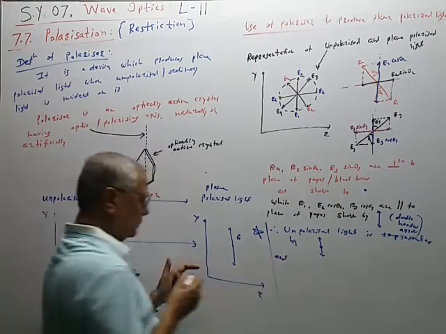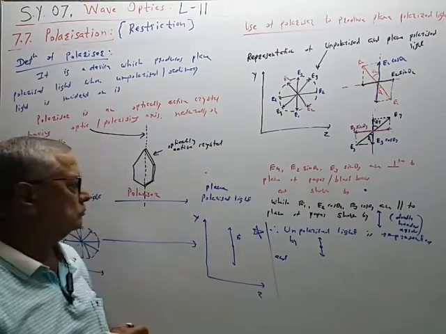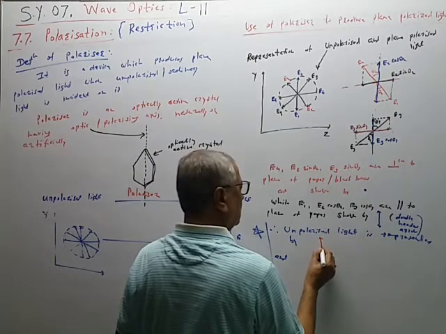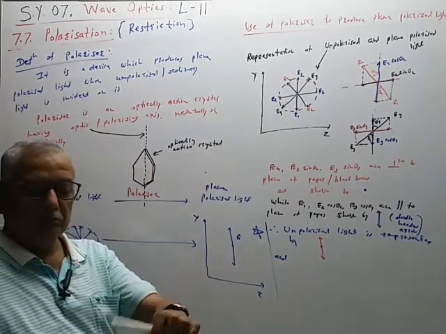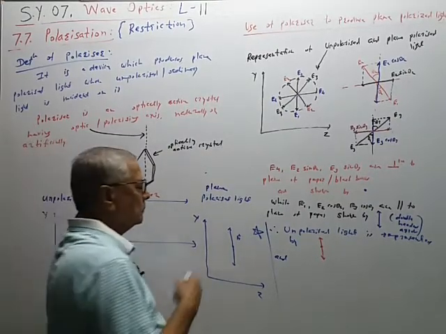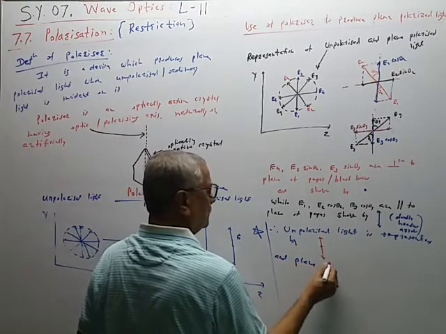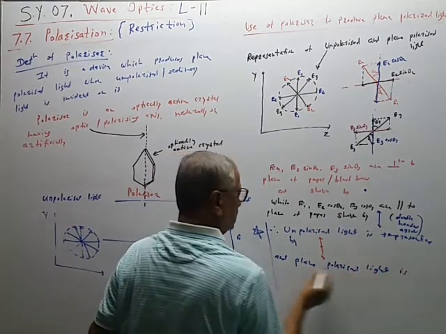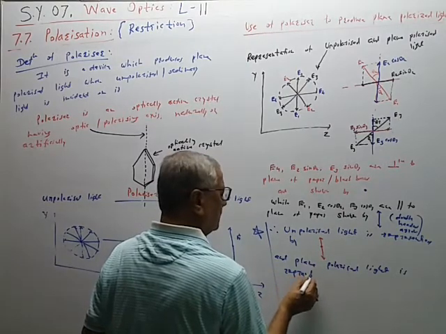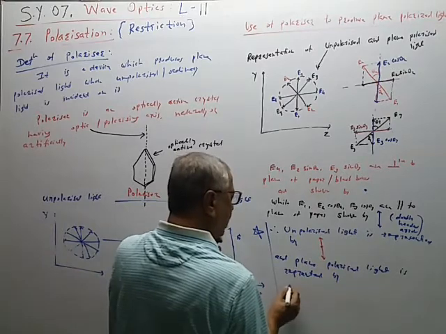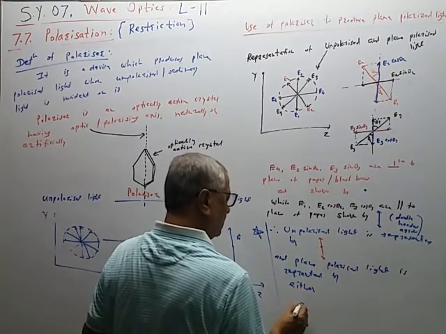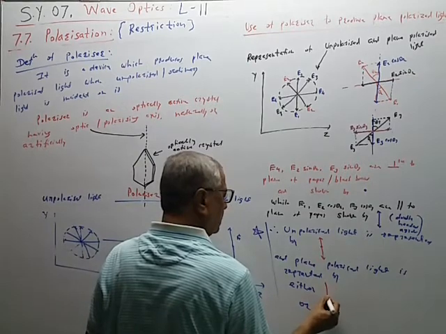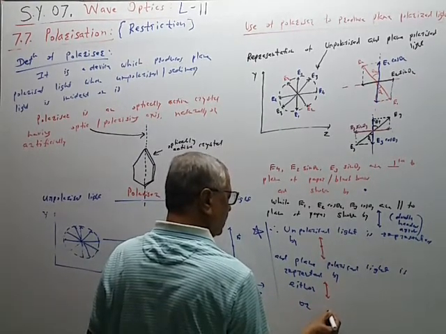And plane polarized light is represented either by arrow only, no dot, or by dot only.